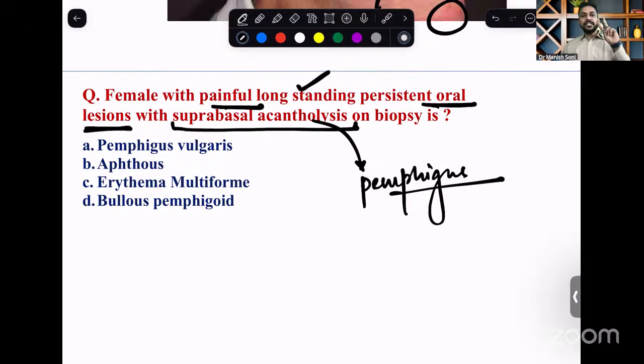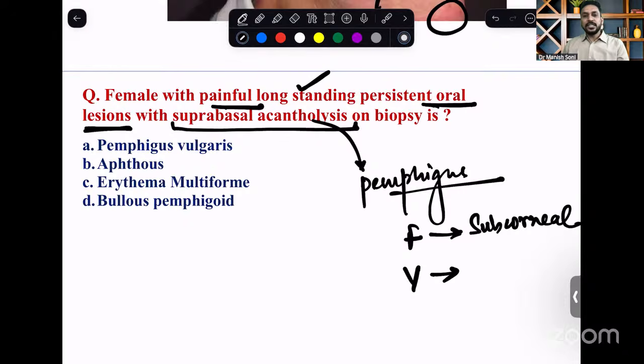Now there are two major types of pemphigus, foliaceous and vulgaris. Which type of separation is seen in foliaceous? It is subcorneal. And which type of separation is seen in vulgaris? It is suprabasal. And that is what they are asking.